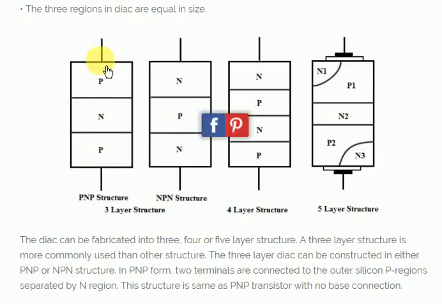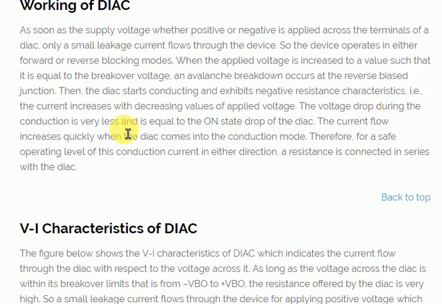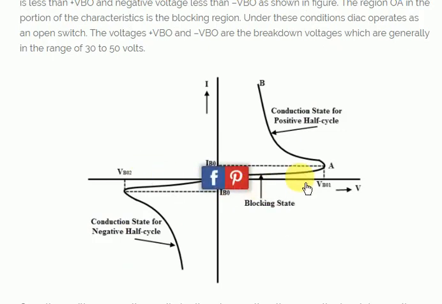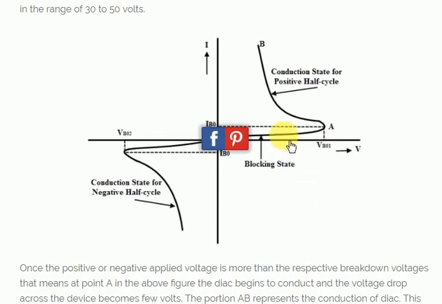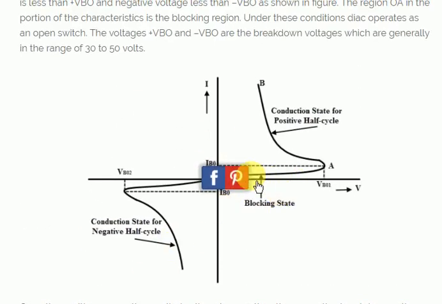when voltage is applied to the diac, a small current is flowing through it, which is the leakage current.